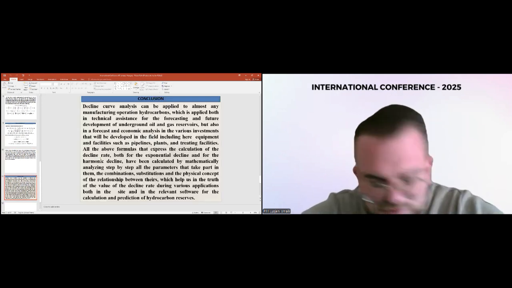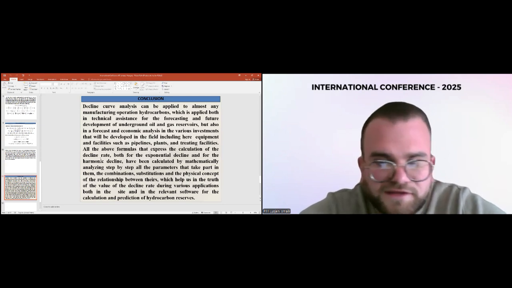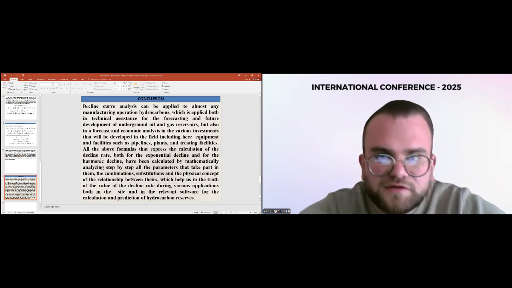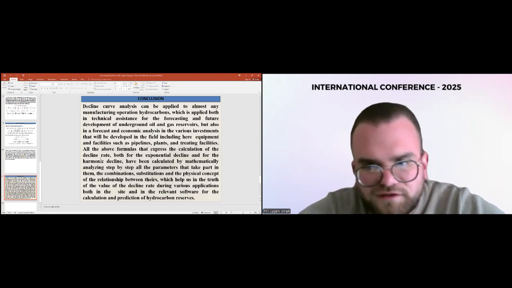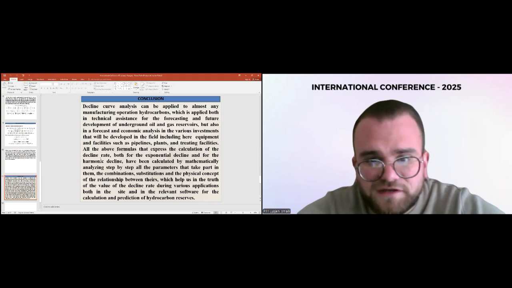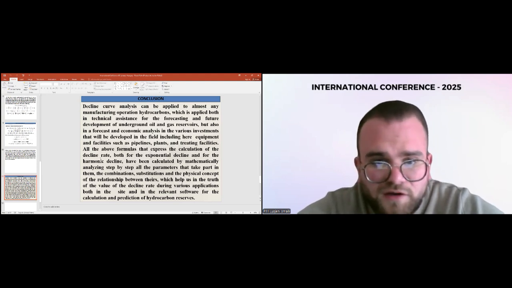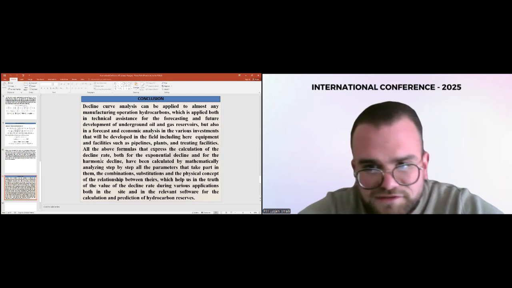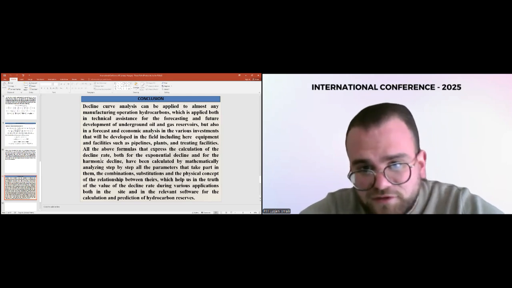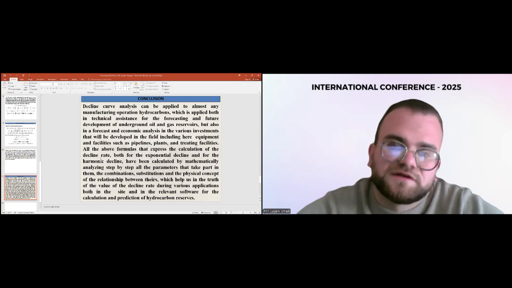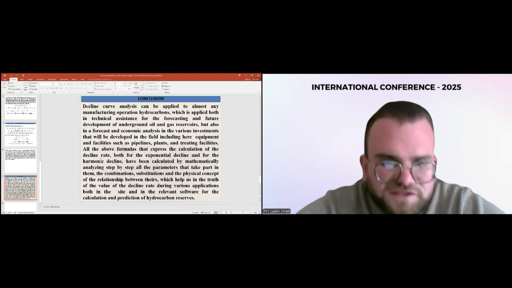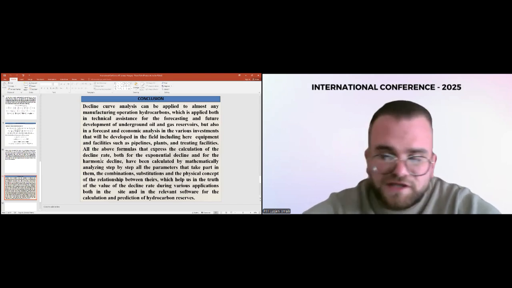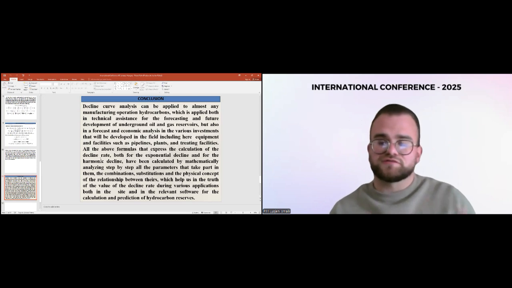Based on this conclusion, I, together with my colleague Redian Ismaili, reached the following conclusions. Decline curve analysis can be applied to almost any hydrocarbon producing operation, both in technical assistance for the forecasting and future development of underground oil and gas reservoirs, but also in forecasting and economic analysis of the value of the investment that will be developed in the field, including equipment and facilities such as pipelines and plants.